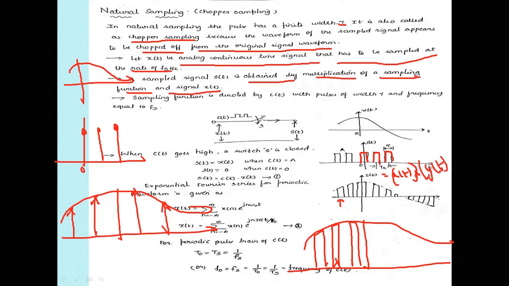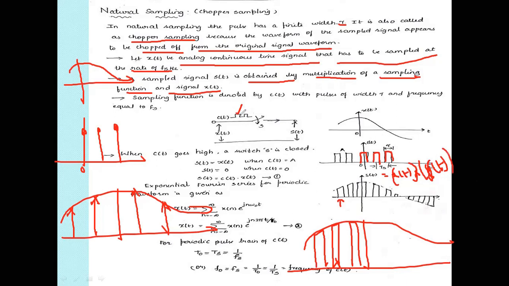Whenever the switch is on, whatever the signal x of t is, we get at the s of t. When the switch is off, means when c of t is low. Let us take this as c of t or g of t, whatever it is. So here they wrote c of t. Let us take x of t into c of t is equal to s of t.